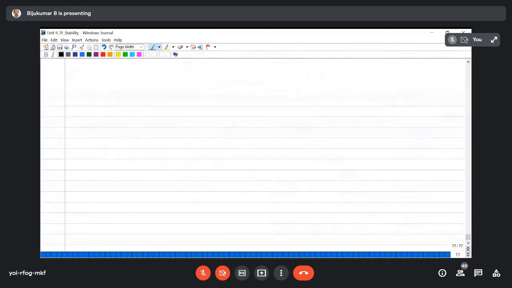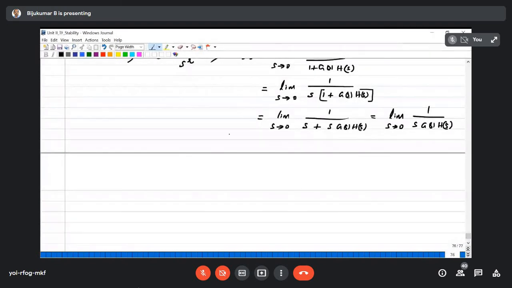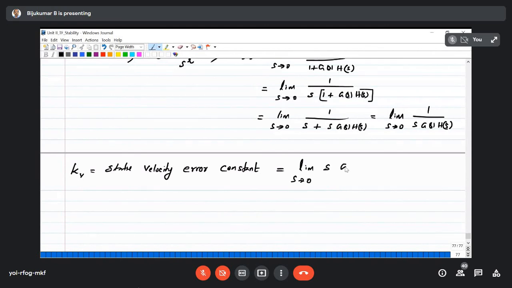Like in the unit step input, we are introducing one more term here. It's called the velocity error constant. Previously, it was the static position error constant, Kp. Here, the velocity constant can be written as limit s tends to 0, s multiplied by g of s h of s.